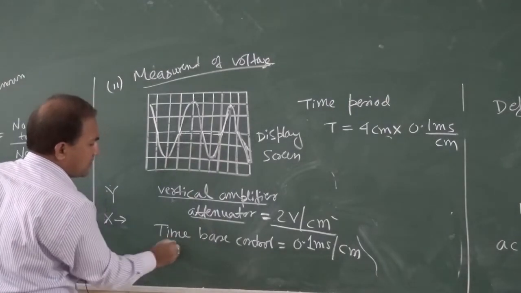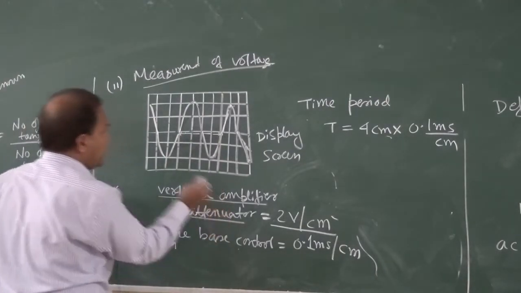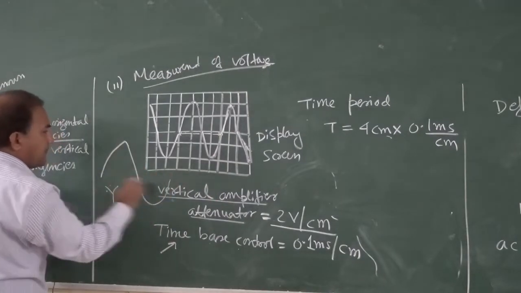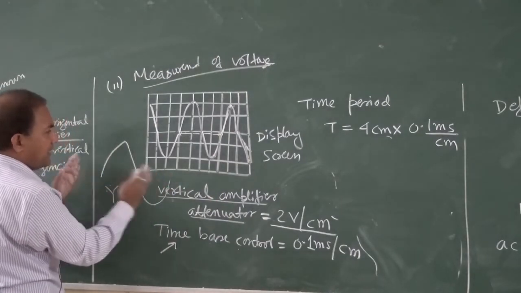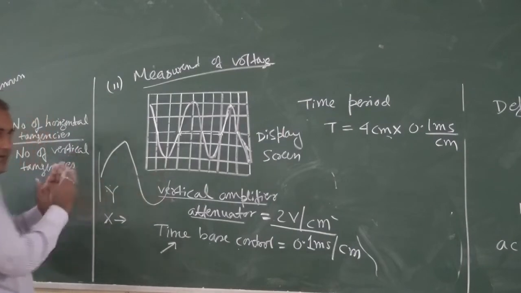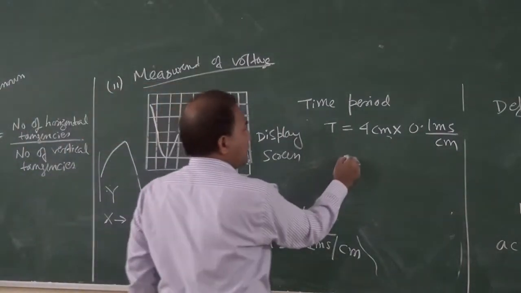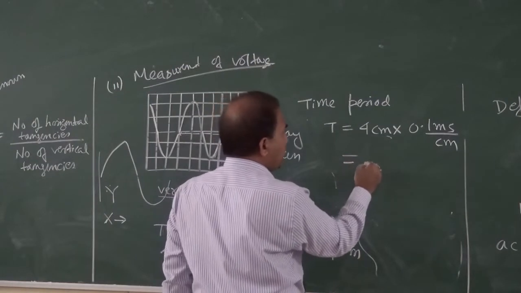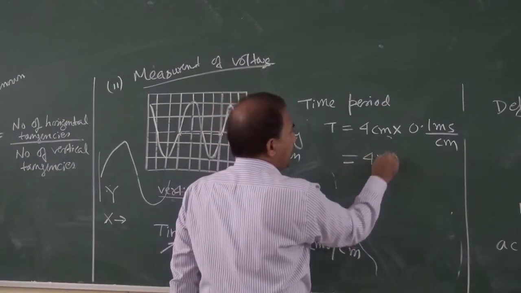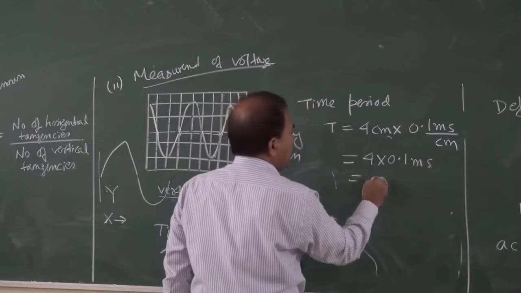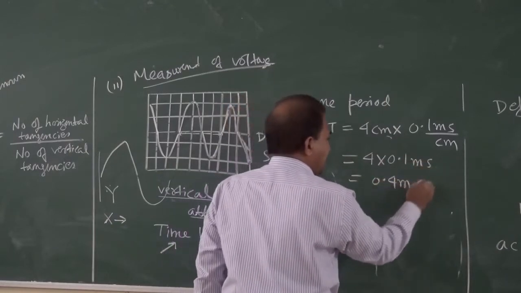If we increase or decrease the time base control, the time period will be the same, but in the figure it will vary horizontally. So it is equal to how much? It is equal to 4 into 0.1 millisecond. So it is equal to 0.4 millisecond.